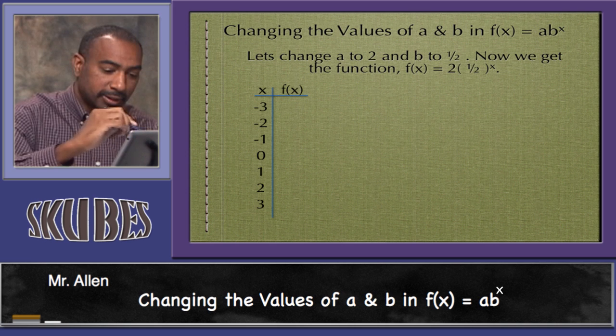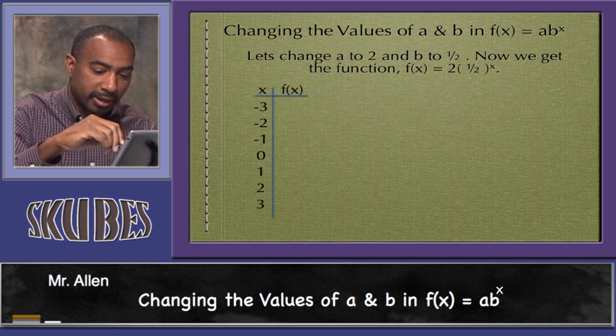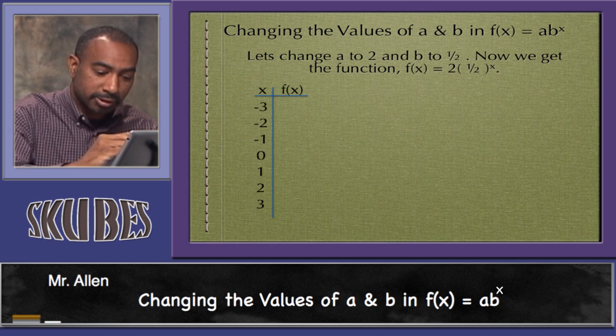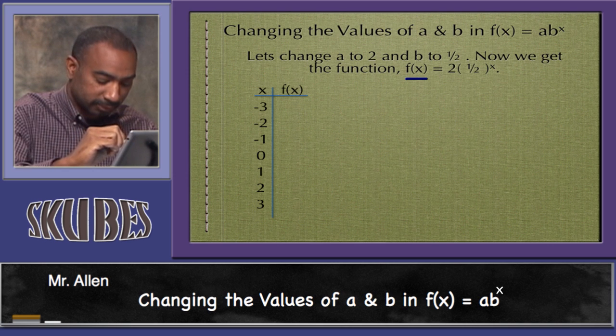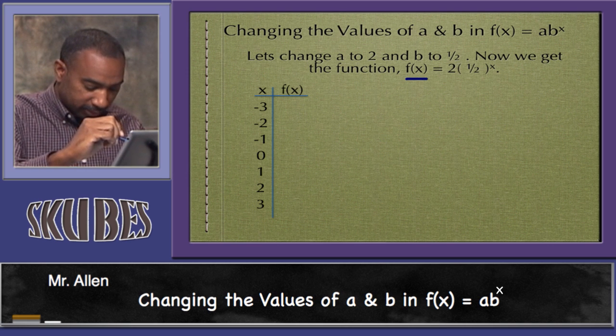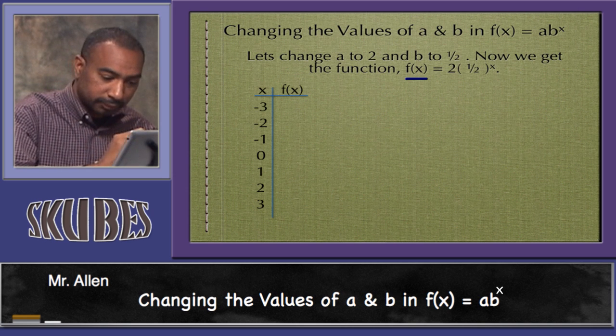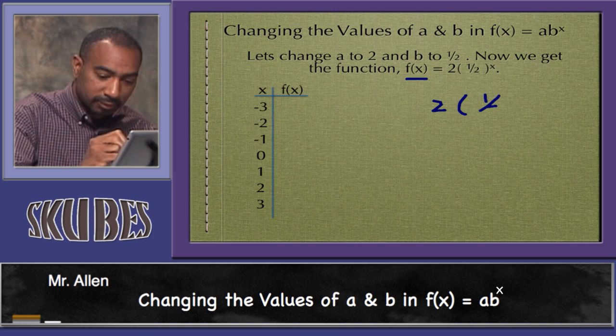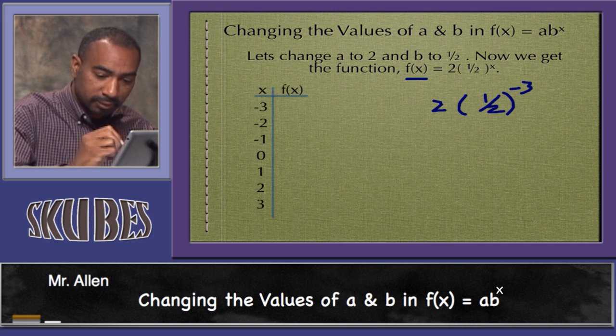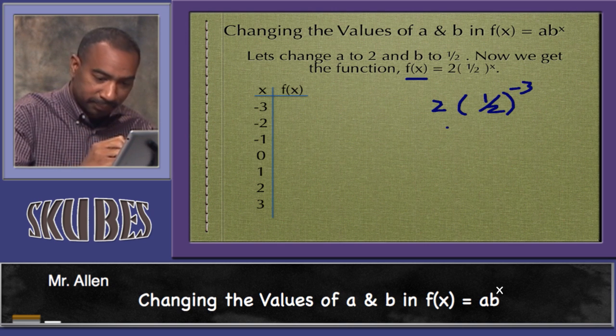All right, let's change a to 2 and b to 1/2. Now we're going to get this function f of x equals 2 times 1/2 to the x power. And we're going to do the same thing. So you plug in -3, right?